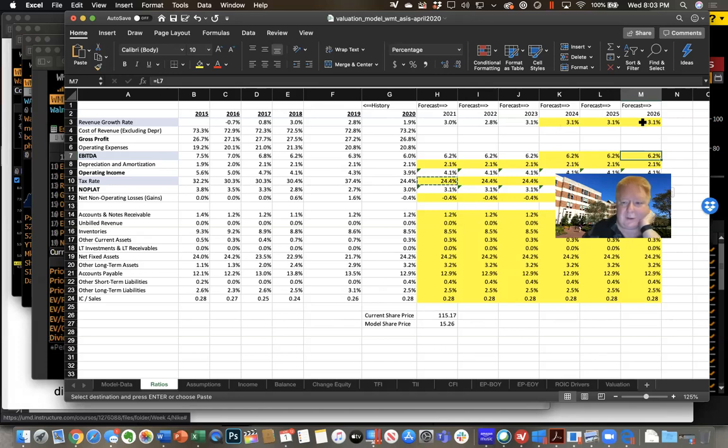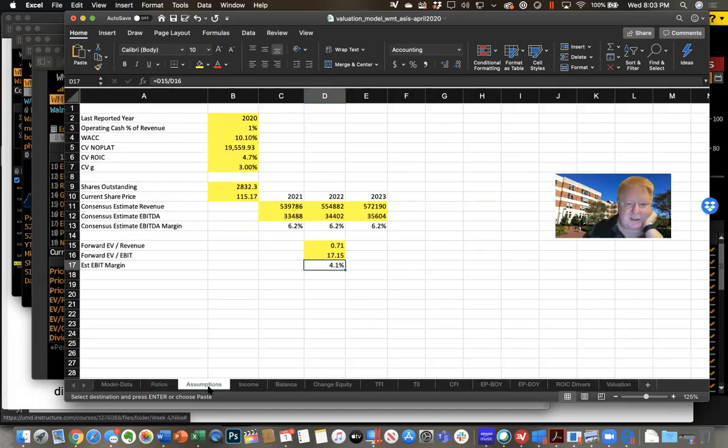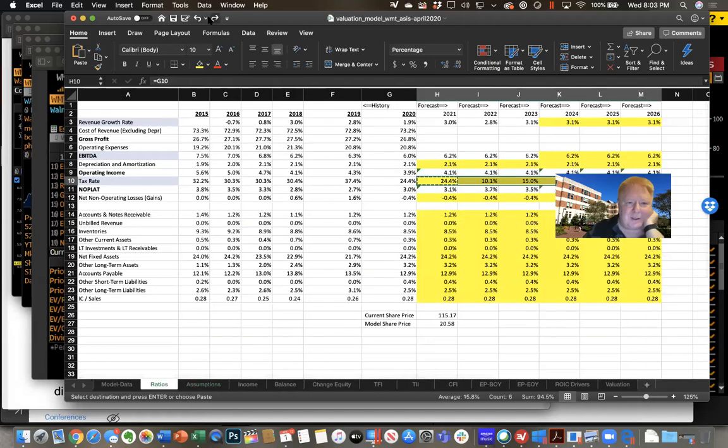So what is a reasonable growth rate? And what's causing the model share price to be 15? Well, back to assumptions. Why is your WACC 10.1? I thought the WACC was 4.7 when we looked at it. Yeah, I changed the wrong one.